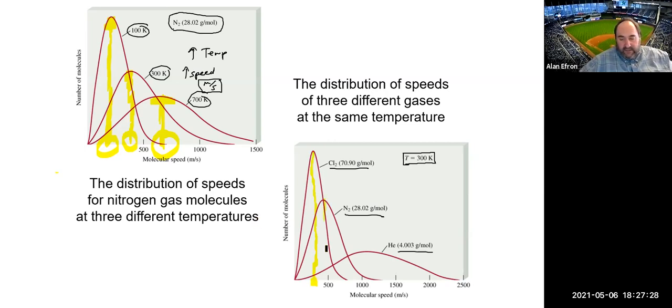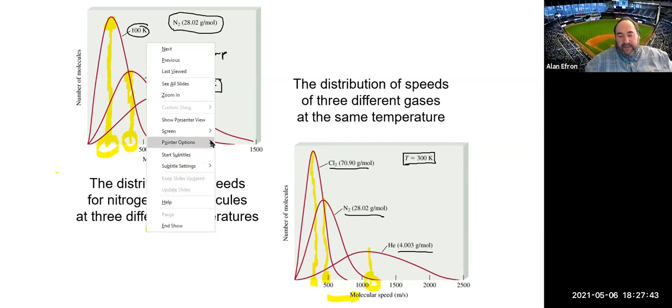For our nitrogen, coming down straight-ish in this range. But we do see over here our helium at the peak way down the road in terms of its actual speed. So what is the difference with this is what we talked about on that previous example.